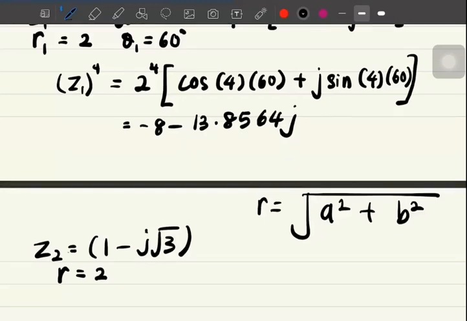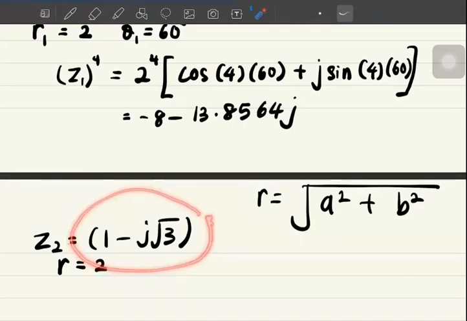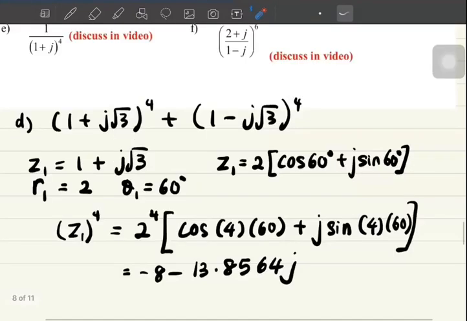But sekarang ni kalau you plot, dia berada dekat kuadran yang keberapa? If you plot these complex numbers, it lies on which quadrant? Kuadran 4. Okay, puan, R1 macam mana boleh dapat 2?